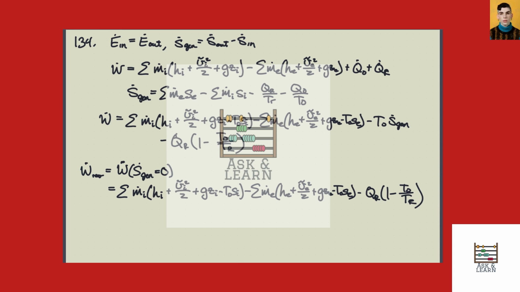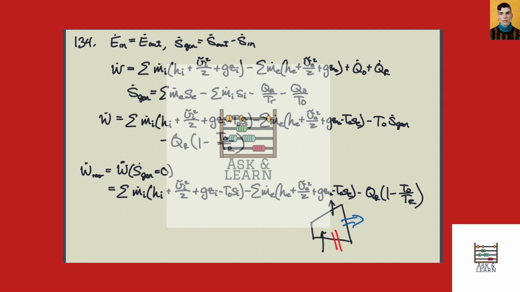So again, let me maybe just draw a little sketch here, just to use as a reference. So we have something like this, and then we have some work coming out, and we have some flow coming in, and then we have heat transfer. Again, heat transfer is positive. Let's see here.